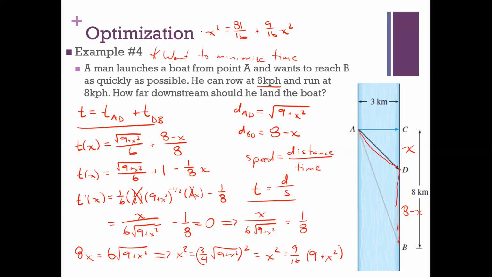Would it be okay if I multiplied the whole thing by 16? All right. And this becomes 7x squared equals 81, and x equals the square root of 81 over 7, which is 9 divided by the square root of 7.